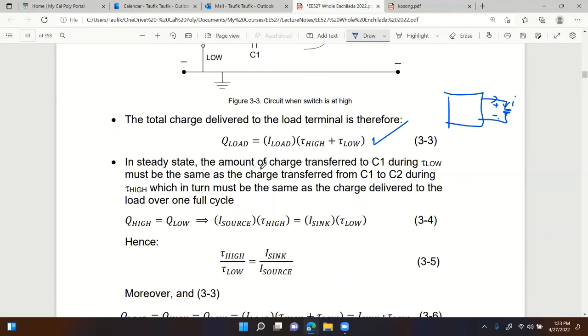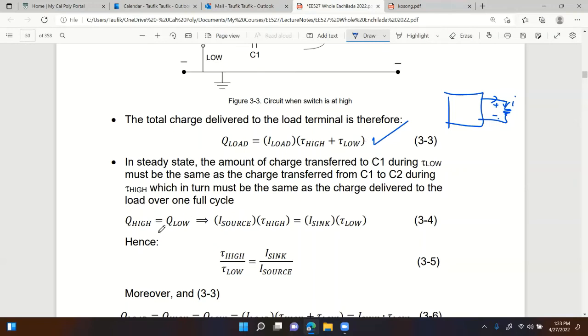In steady state, the amount of charge transferred to C1 during tau low must be the same as the charge transferred from C1 to C2 during tau high, right? Which makes sense, right? Energy transfers to C1, and then C1 transfers to C2, all the while the entire charge must be used by the load.